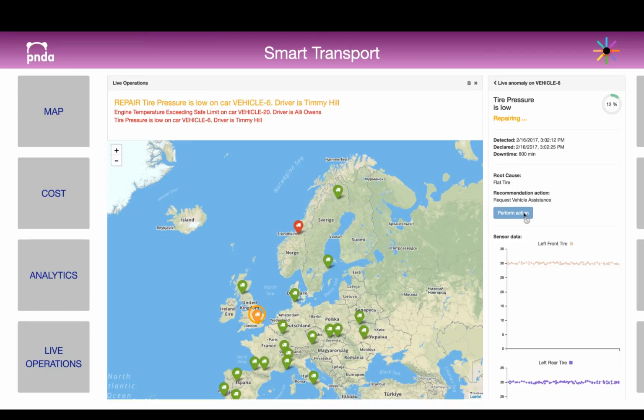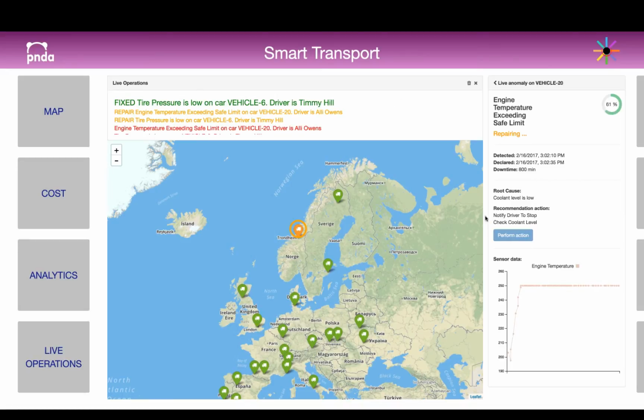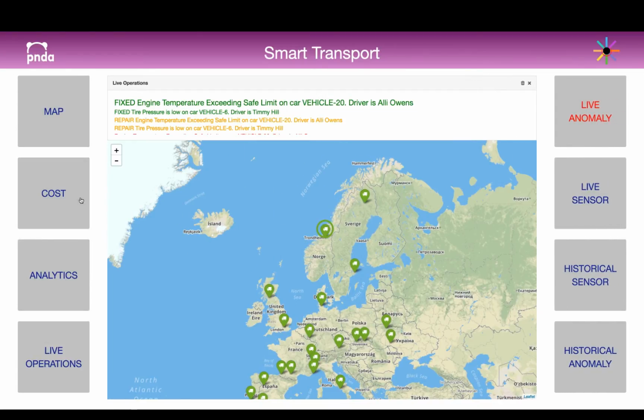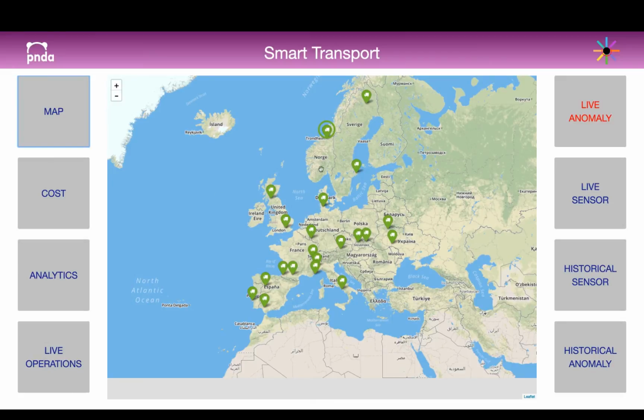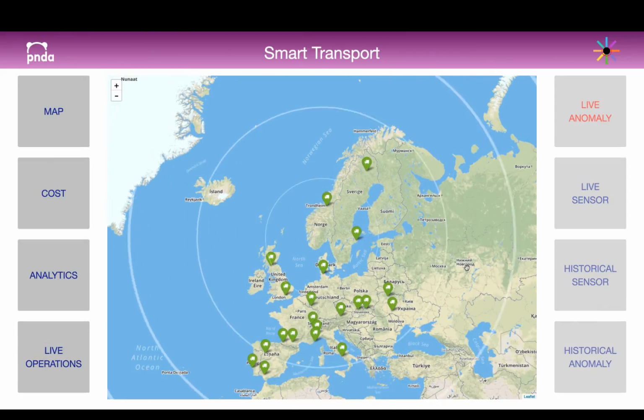And again, as the system identifies and takes actions to repair or resolve an anomaly, we can see that displayed up there in the rolling log. Red corresponds to anomaly declaration, yellow is repair, and green indicates that actions have been taken to repair the anomaly.